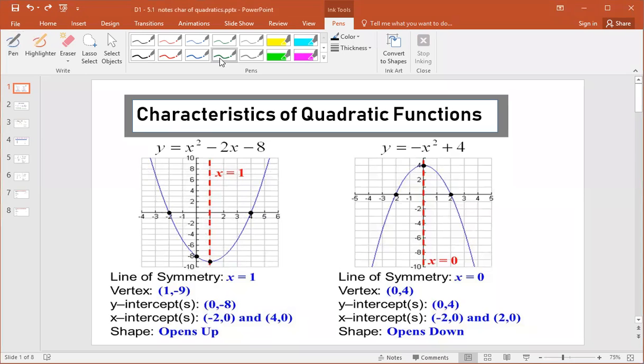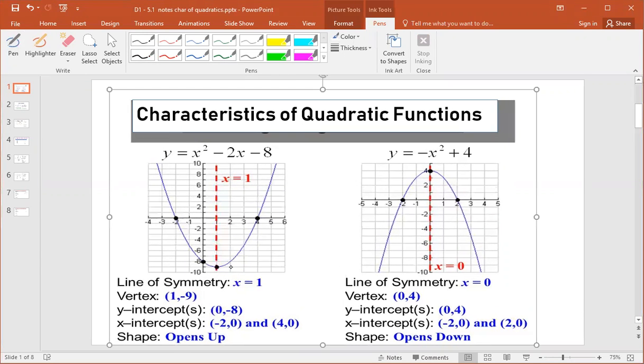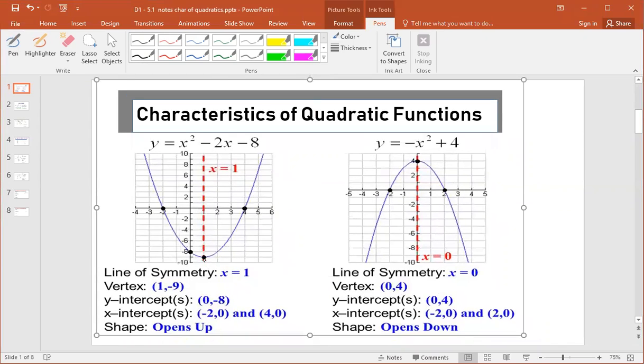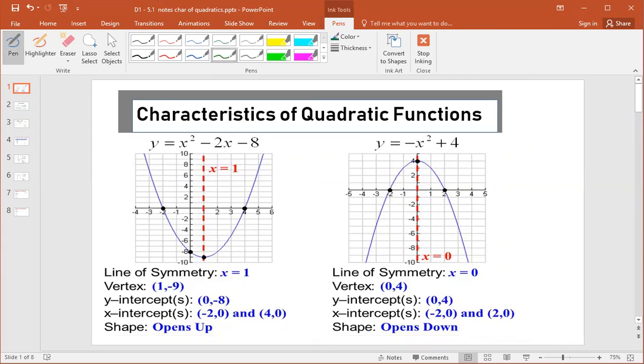We're just going to write that in right here, the vertex, right there.